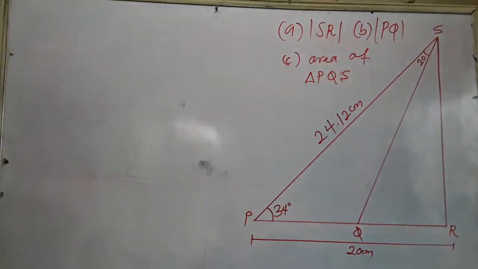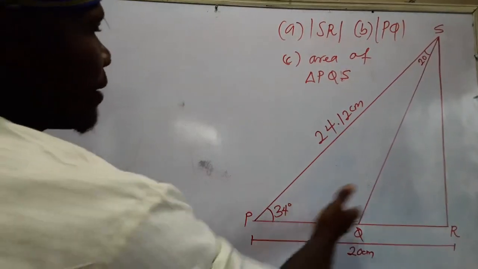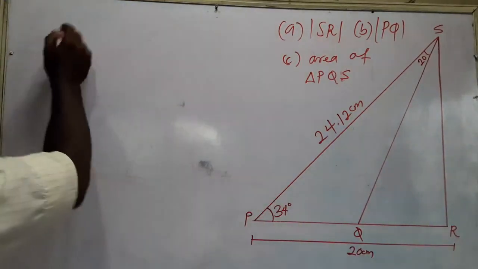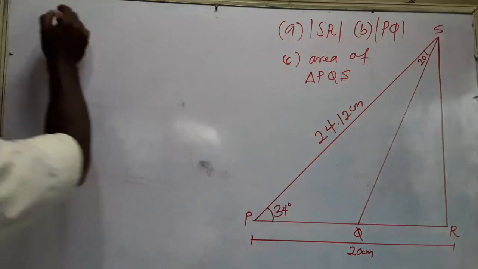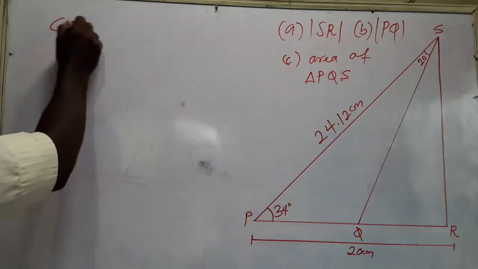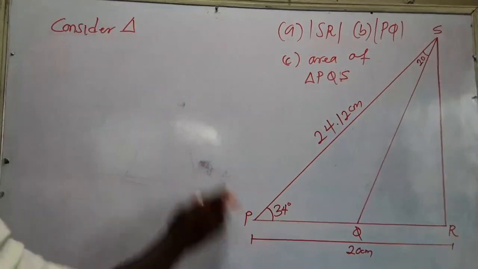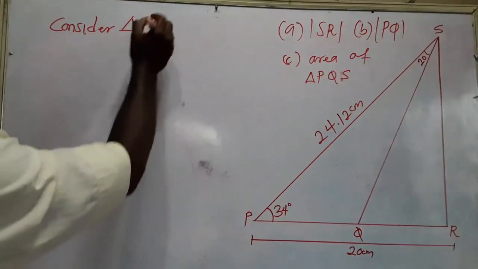In finding the value of line XR, one of the first important things to put in place is that you consider triangle PXR.